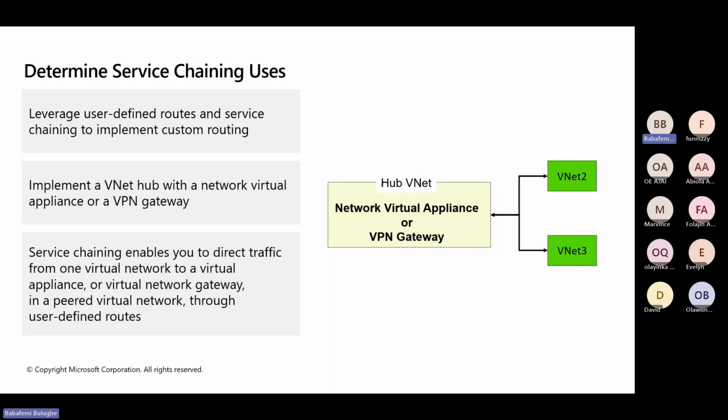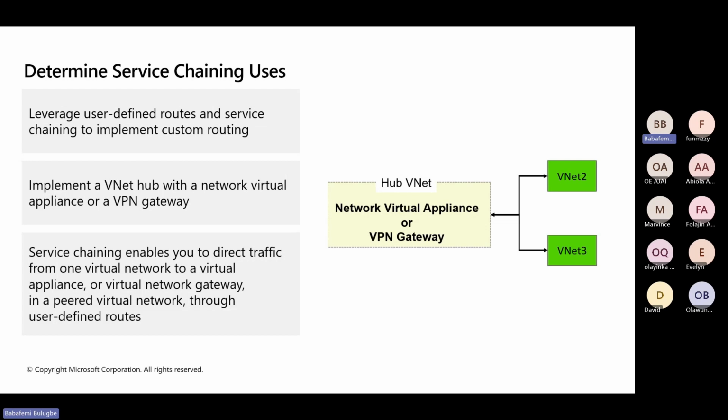So when there is a need for us to connect our on-premises environment with our virtual network in Azure, then we want to direct the traffic from our virtual network to the network gateway, because at that time we are making that decision that this is the next place to go.